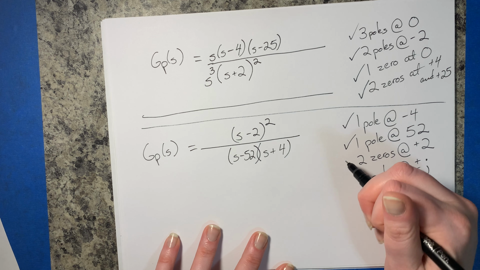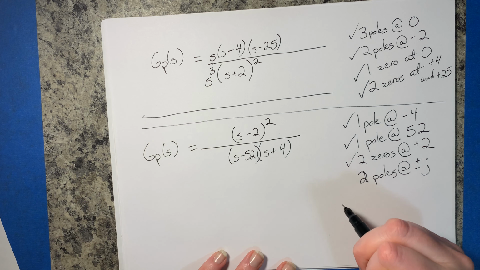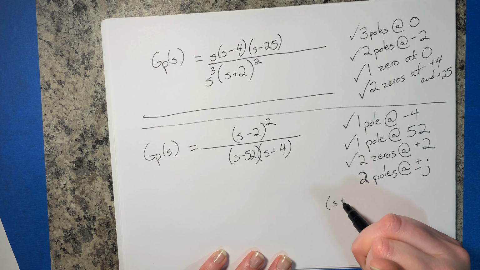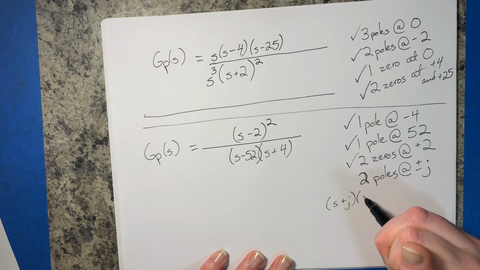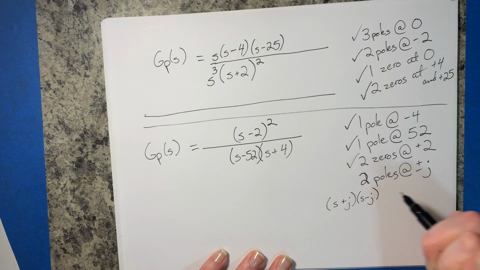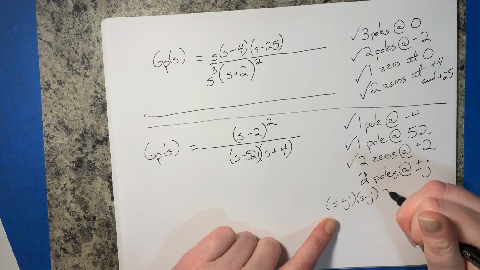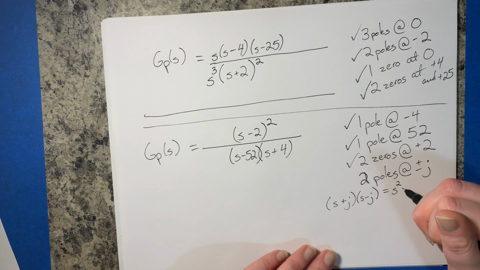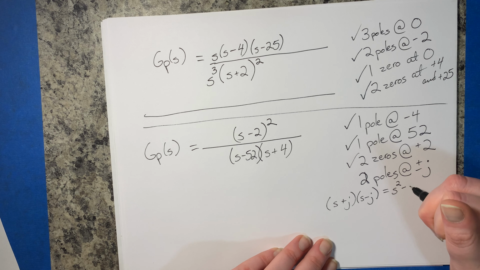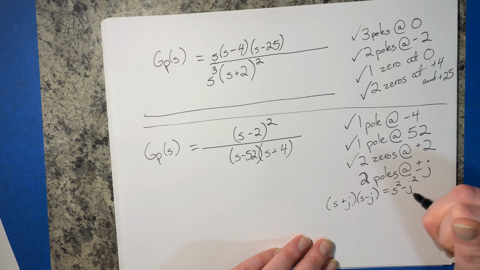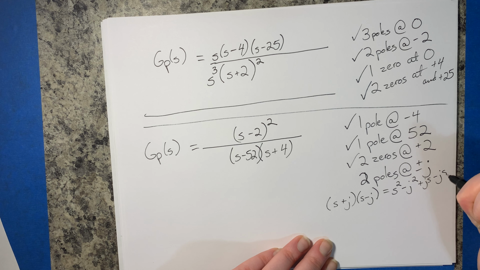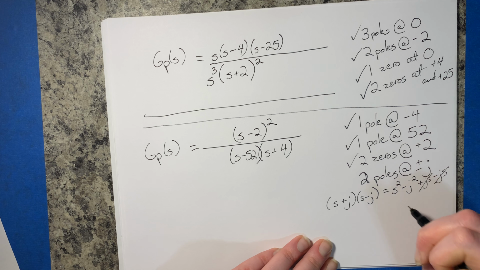So let's think about this before we write it in here. Okay, so we've got s plus j and s minus j. So if I were to multiply this out, I would get s squared, and I would get minus j squared, and then I would get plus js minus js, and these would cancel out.